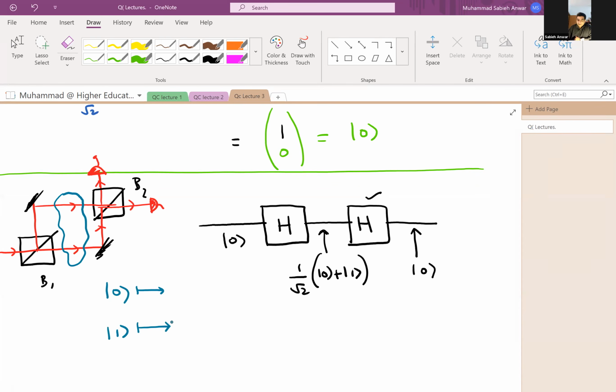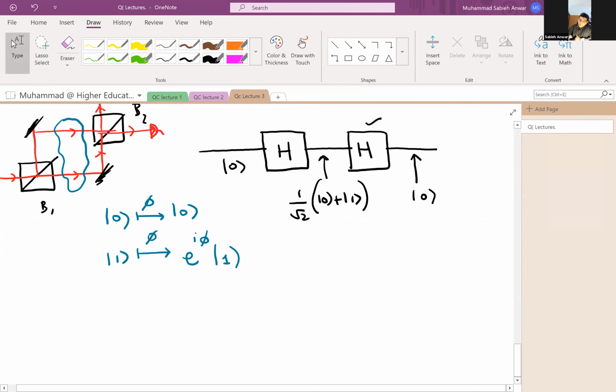And we've defined the phase gate to do the following. It does nothing to ket 0, and it adds a phase phi to ket 1. Now, if I were to write a matrix, let's call that matrix U phi.